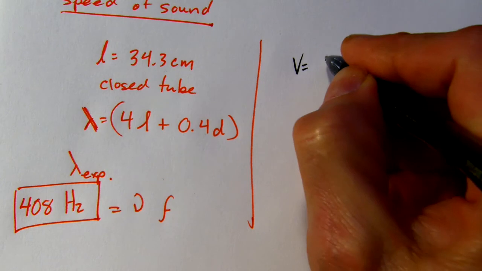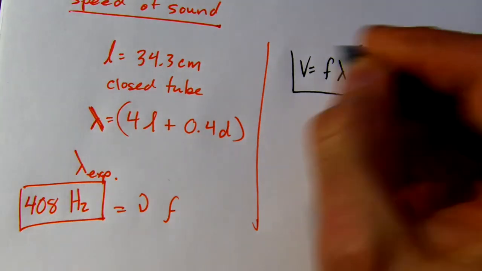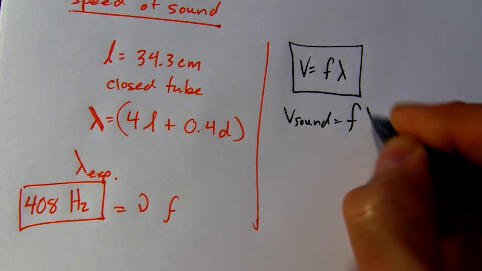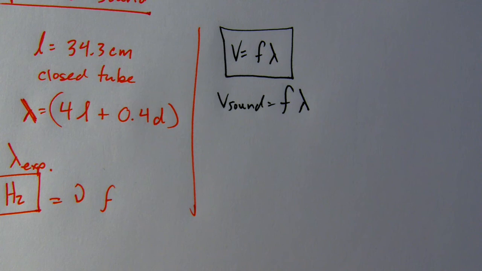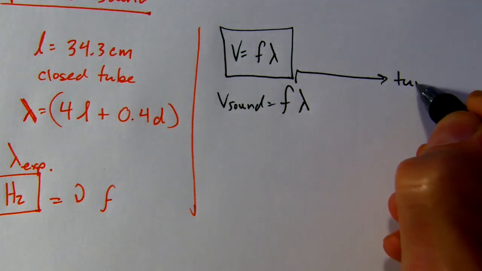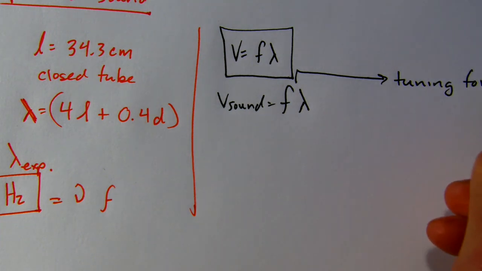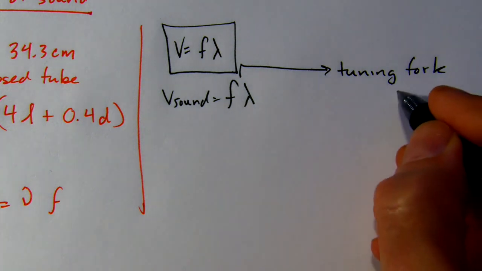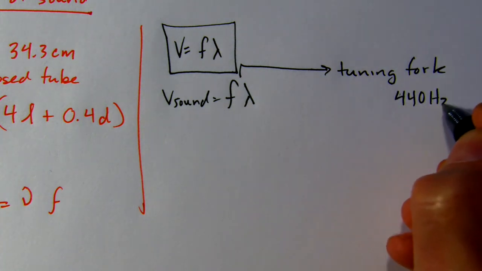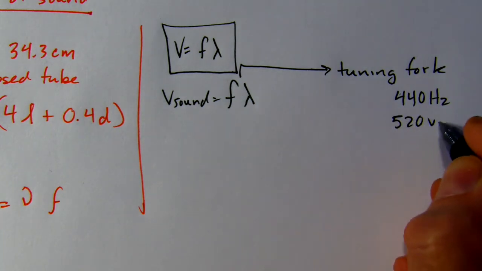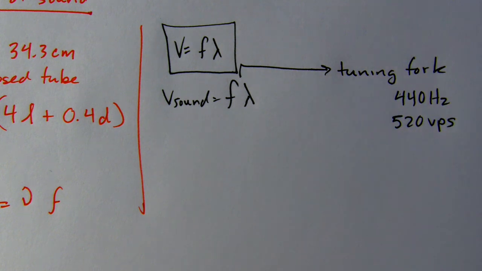We have v equals f lambda. The velocity of sound is equal to the frequency times lambda. So how's this work? Well, this came from the tuning fork, and we will tell you that information, or it may come from a tone generator. That's the frequency in hertz, so it might be like concert A, 440 hertz. You might see something like this, 520 VPS, vibrations per second. Same thing.